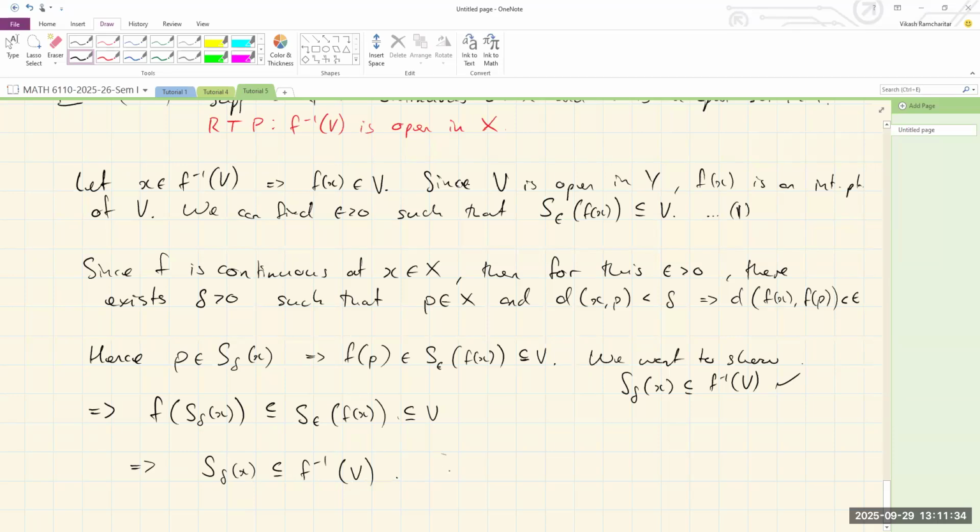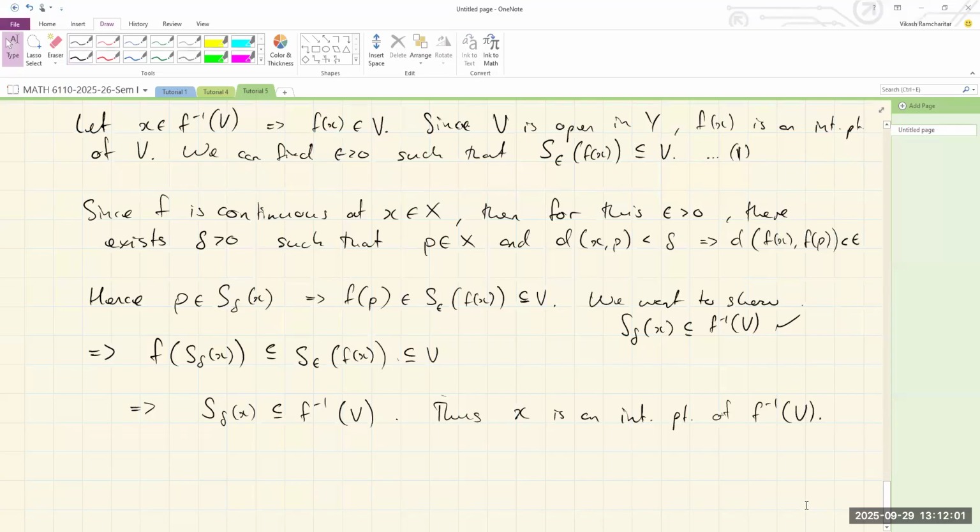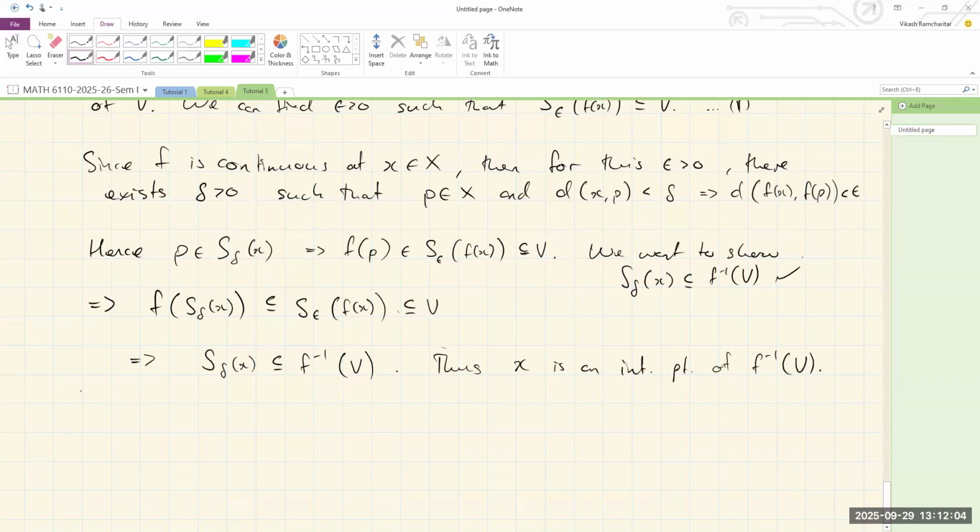So we could say x is an interior point of f preimage V. Since x was arbitrary, then this set is open because every point is an interior point.